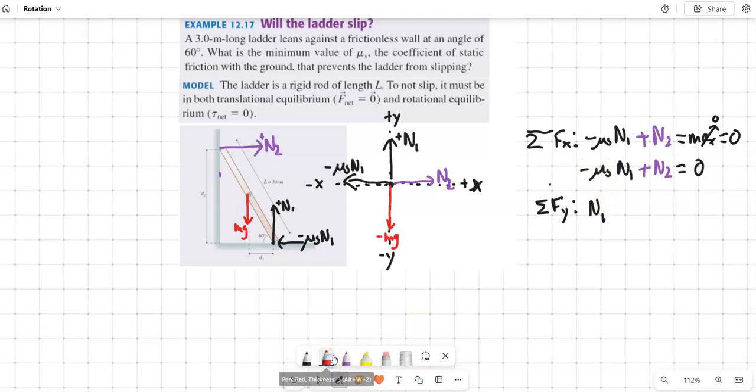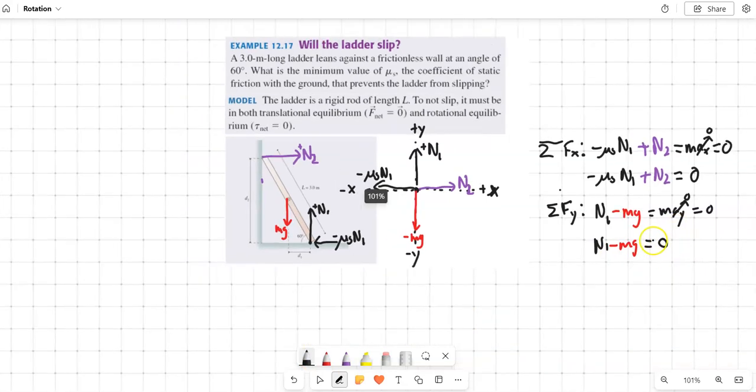We have the weight of the ladder itself pointed down. And that is going to be equal to mass times acceleration in the y direction, but since this is not moving or accelerating in any direction, that's equal to 0. So N1 minus mg is equal to 0.